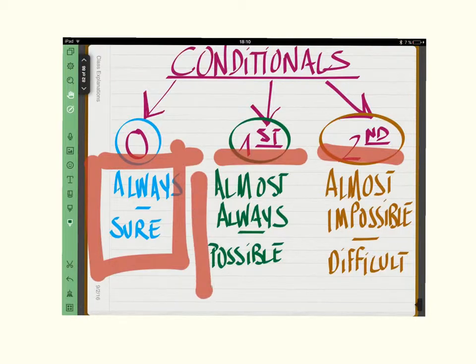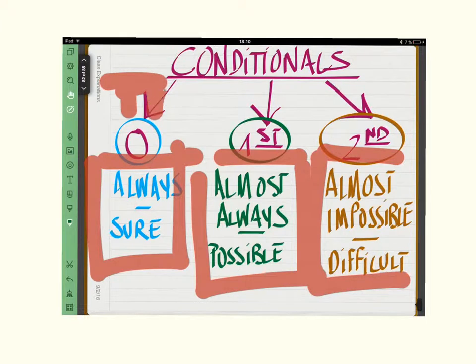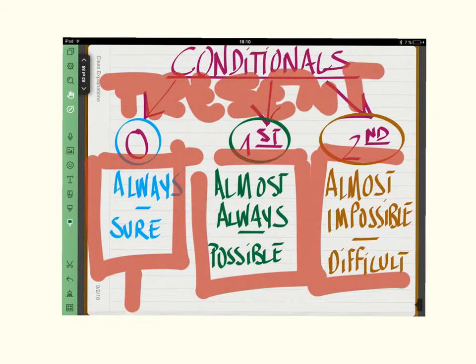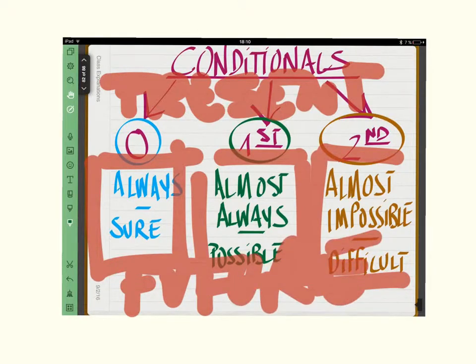First, it's when we want to express that something is possible to happen, and it will almost always happen. And second conditional, it's the one which is difficult to happen, and it's almost impossible to happen. All these three conditionals are dealing with present and future. Okay?